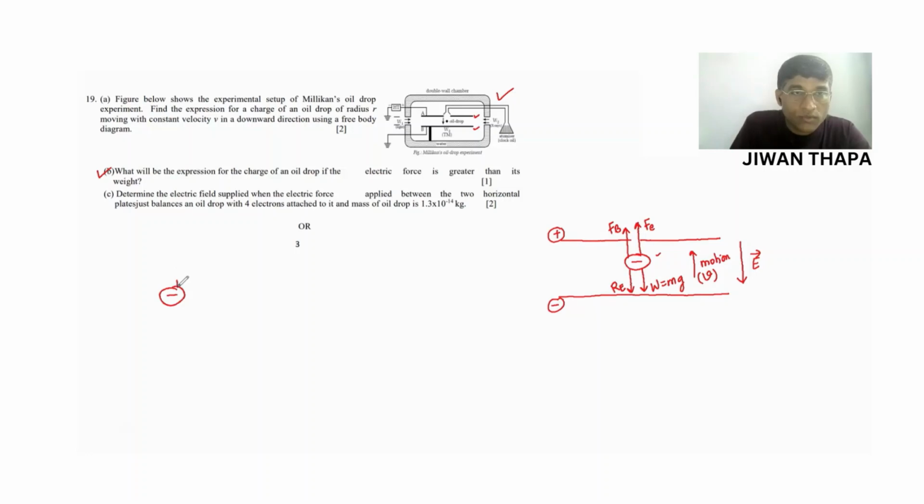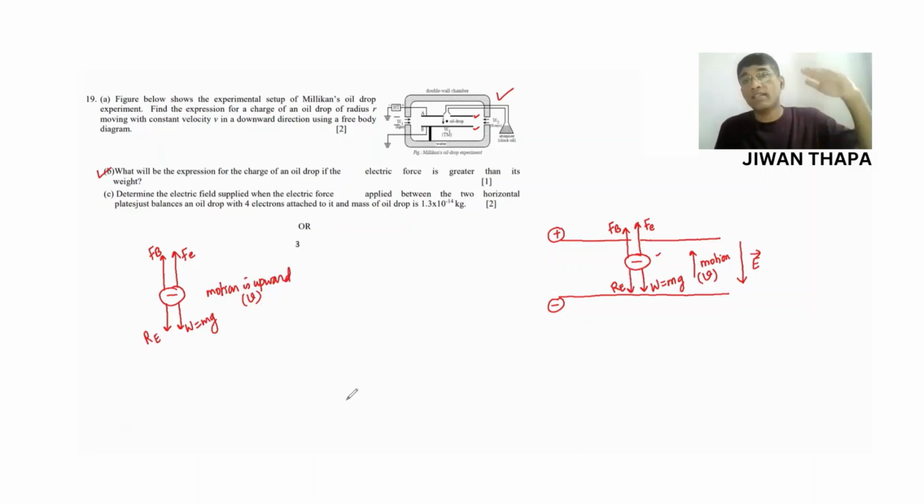The electric force and buoyant force are acting in the upward direction, and the weight mg is acting in the downward direction. The motion is upward, so let it move with velocity v in the upward direction, so that the resisting force Re is in the downward direction.